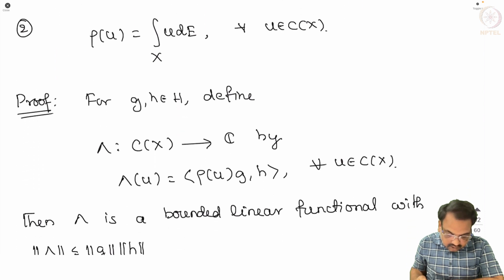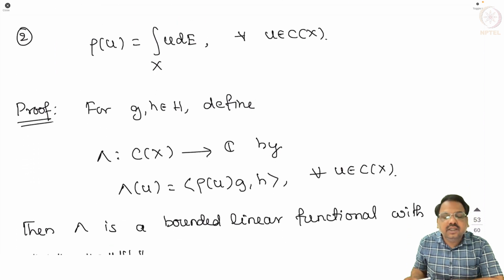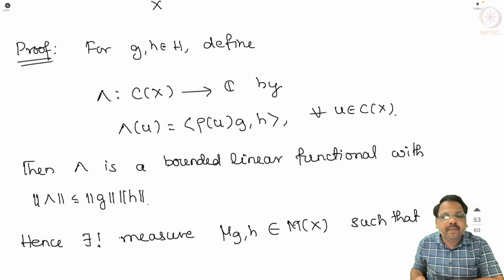So to do that, let us fix two elements g and h in H, and define lambda from C(X) into C by lambda of u equal to the inner product of rho(u) g with h for every u in C(X). We can show that lambda is bounded and also linear, and the norm of lambda is less than or equal to norm g times norm h.